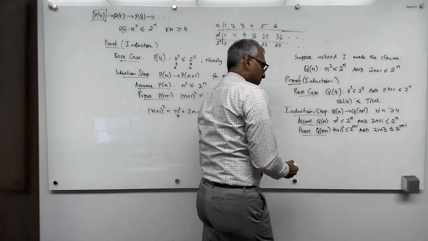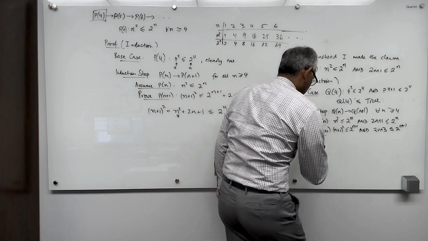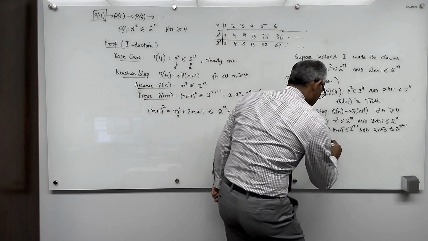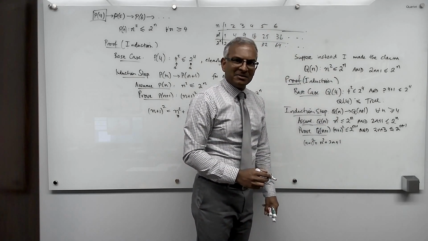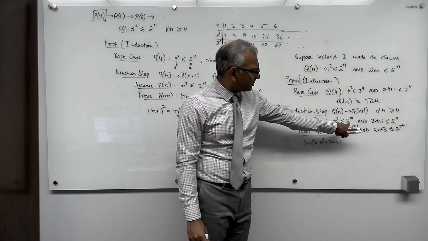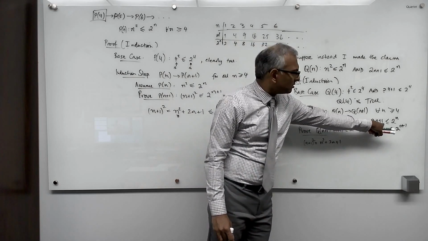Okay, so let's go ahead and do it. So I need to prove this. So I need to prove that n plus 1 squared is less equal to 2 to the n plus 1. n plus 1 squared is equal to n squared plus 2n plus 1. But that's no problem, because n squared is less equal to 2 to the n, and 2n plus 1 is less equal to 2 to the n.